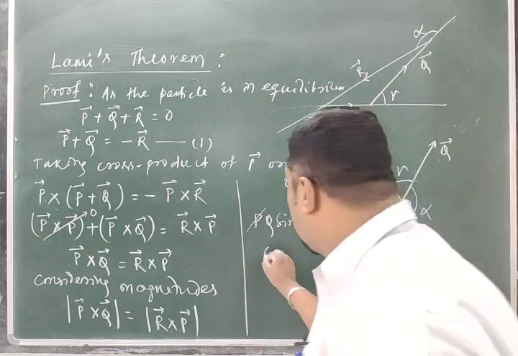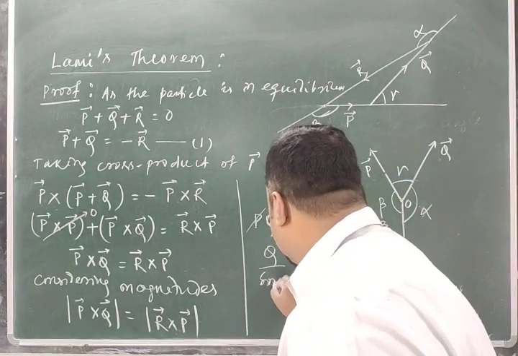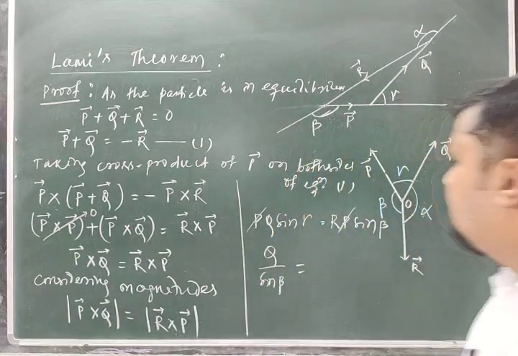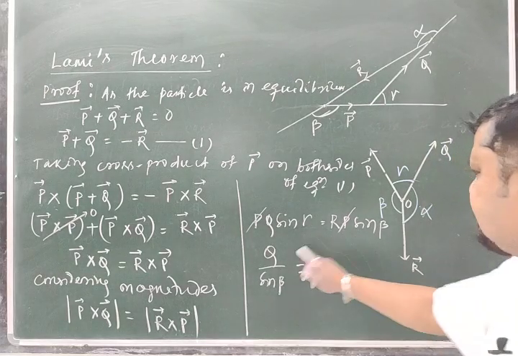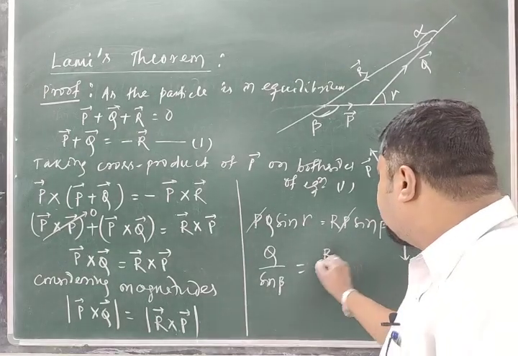I can write this as Q by sine beta is equal to R by sine gamma.